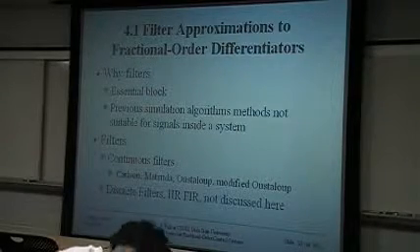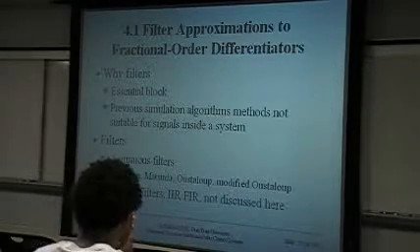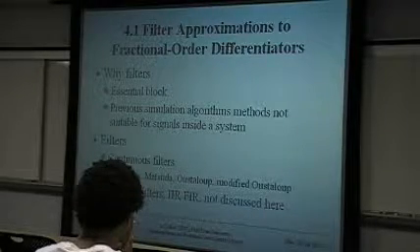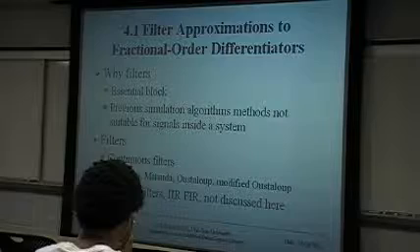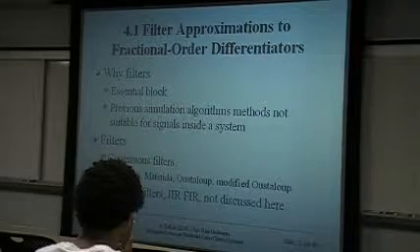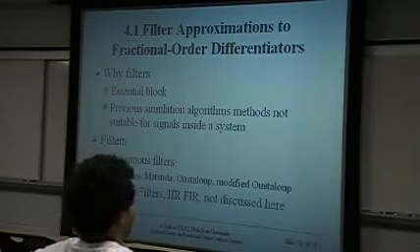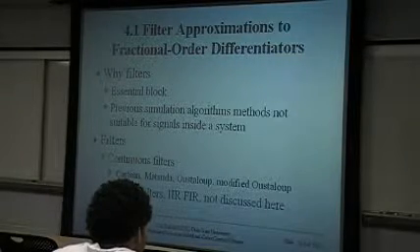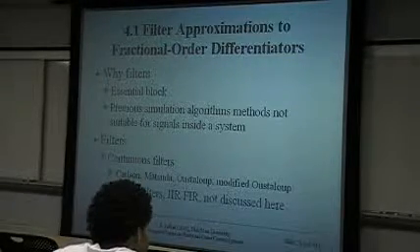So now let's consider a filter. And we already explained why we need filters. Because if you do not use the filter, then you may not be able to express the fractional order nonlinear systems.